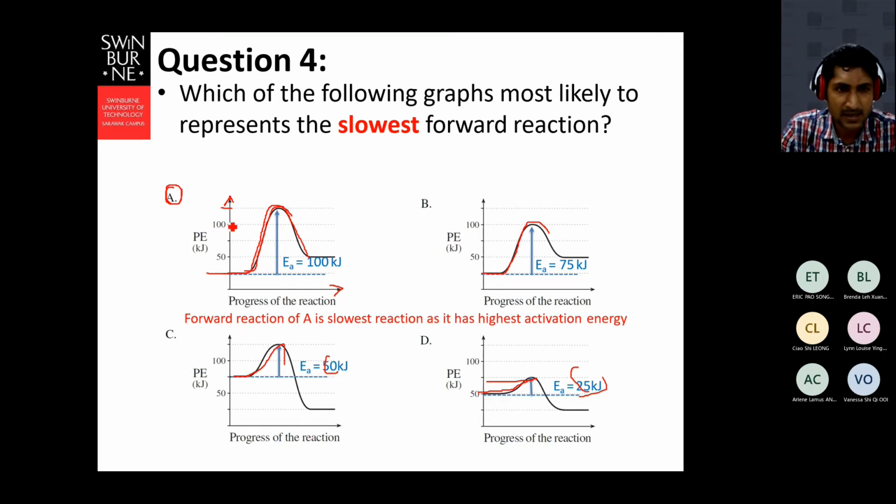So it has a bigger mountain to cross over to get to the product, so A is the slowest.